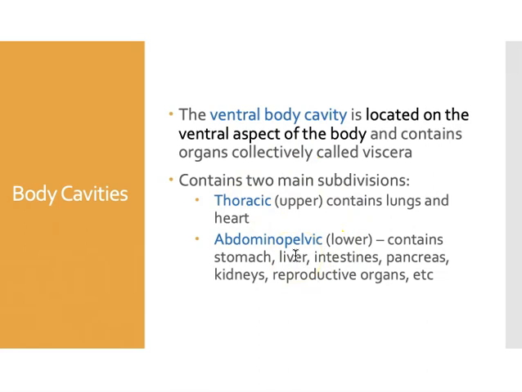And that structure is a sheet of muscle called the diaphragm. The thoracic cavity contains the lungs and the heart and associated vessels. The abdominopelvic cavity contains stomach, liver, intestines, pancreas, the kidneys, the reproductive organs, everything that is in the abdomen or the pelvis.